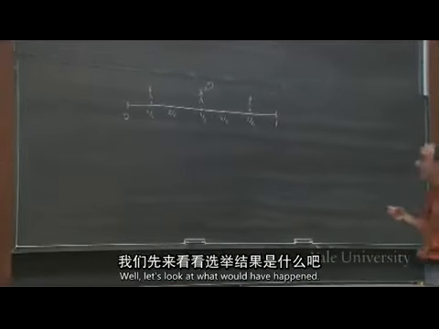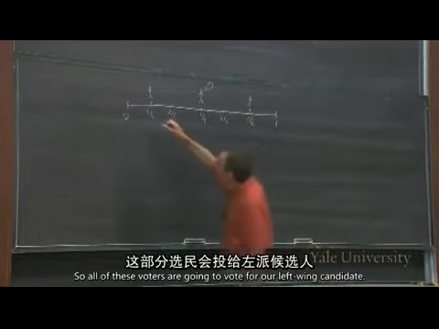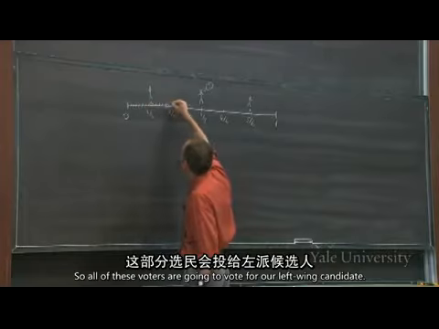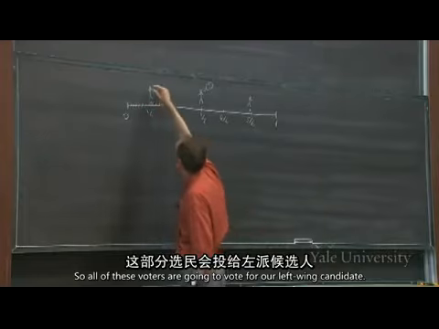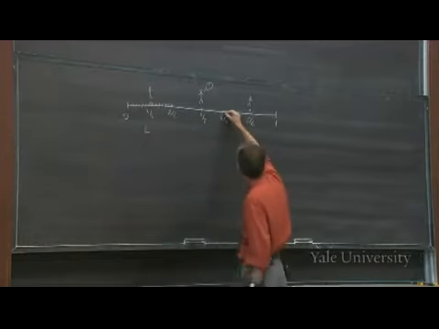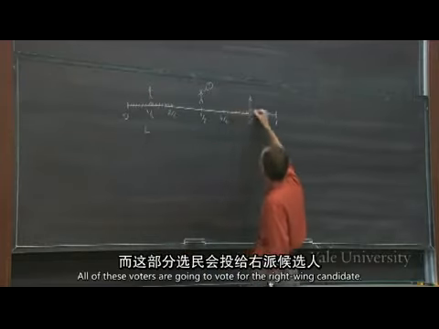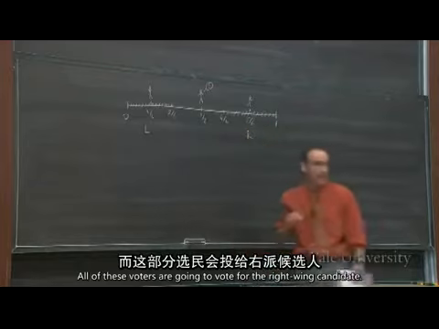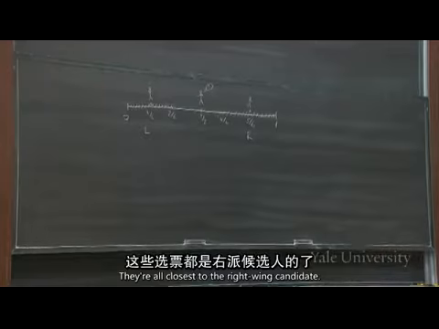Well, let's look at what would have happened. So all of these voters are going to vote for our left-wing candidate. All of these voters are going to vote for the right-wing candidate. Right, they're all closest to the right-wing candidate.